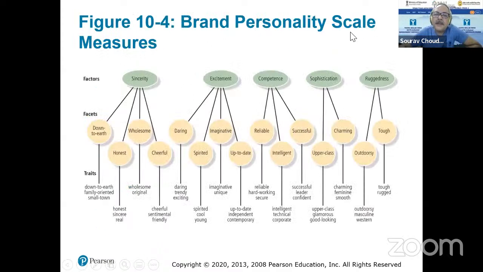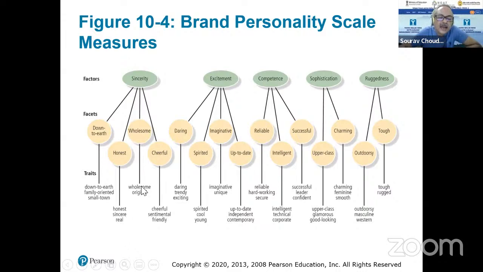Okay, and the brand personality scale. If you see the factors: sincerity, excitement, competence, sophistication, ruggedness. What does sincerity do? Down to earth, wholesome, honest, cheerful. Similarly excitement. And when you talk about the traits associated with these facets: down to earth, family oriented, small town. Honest, sincere, real.